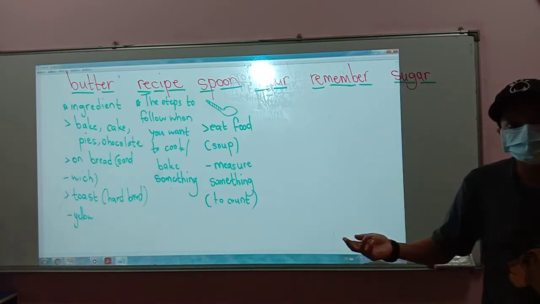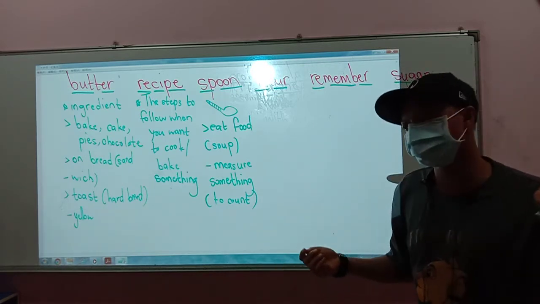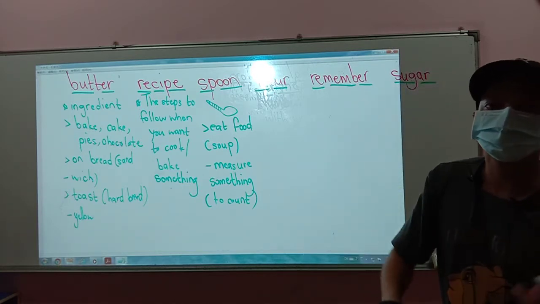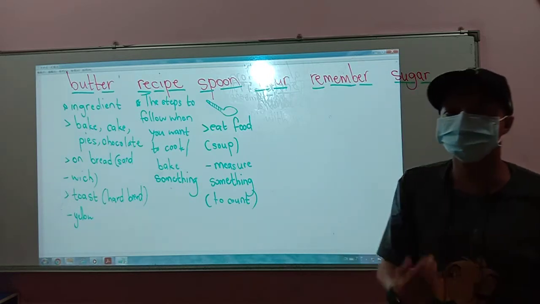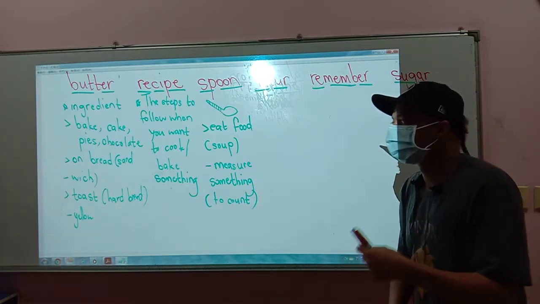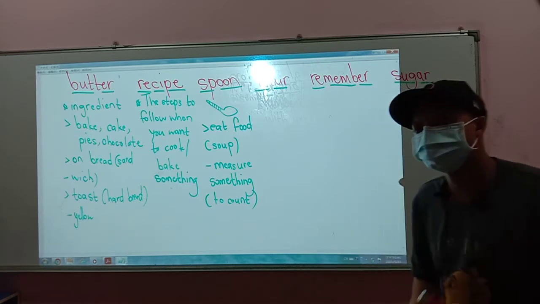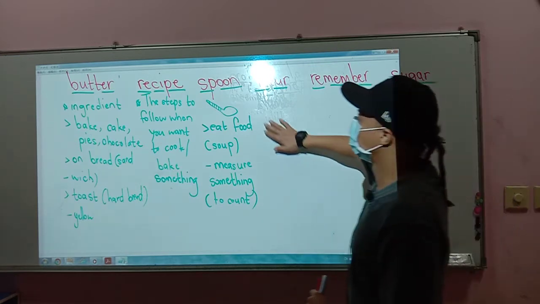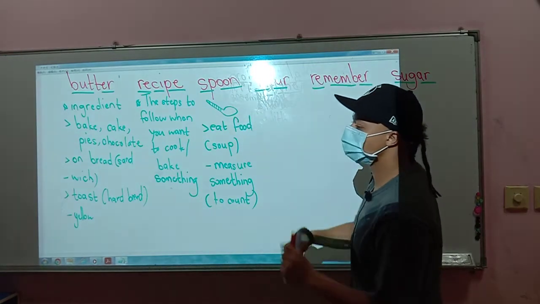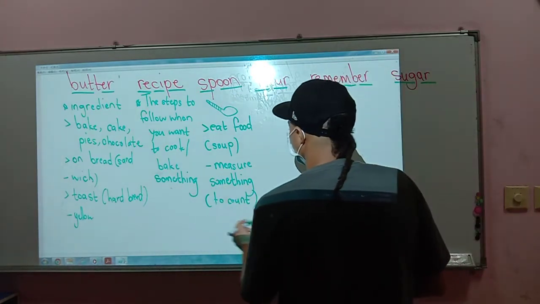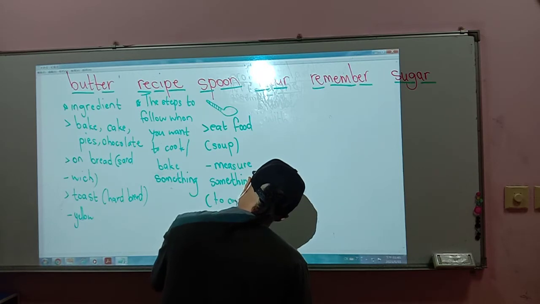If you remember us making pancakes last winter camp, we used 2 spoons of sugar and we used 2 spoons of something to add to make the pancakes, okay? So yeah, you eat food with a spoon, and you can also measure how many of something, okay, to count how many.